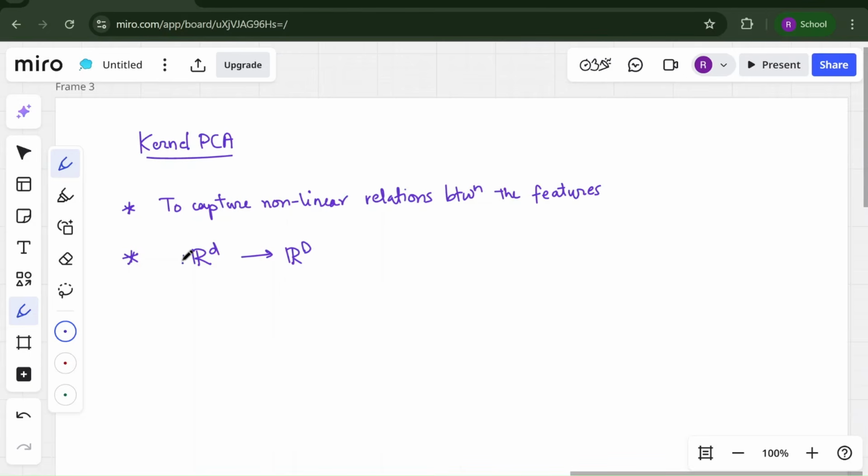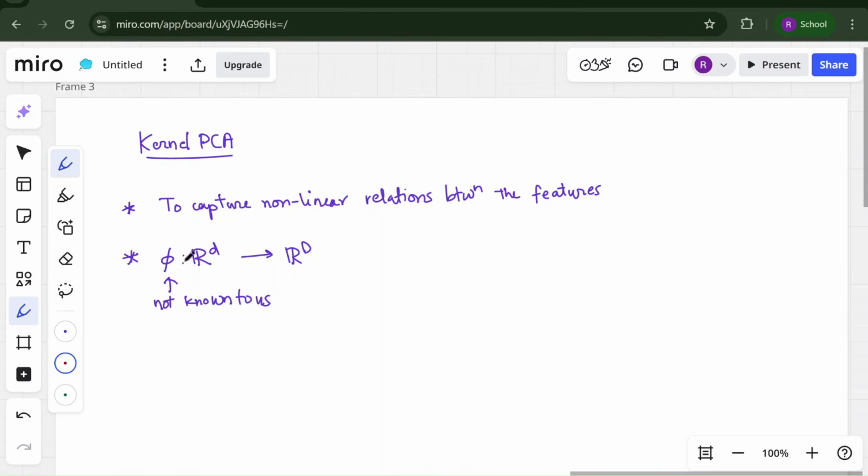You're moving using a function phi. This phi is initially not known to us. But when it moves, we are not interested in the function phi in itself. We are interested in a modification of that function.